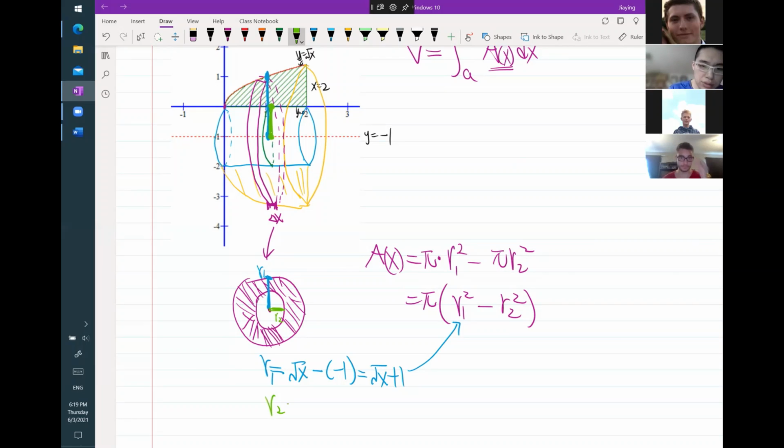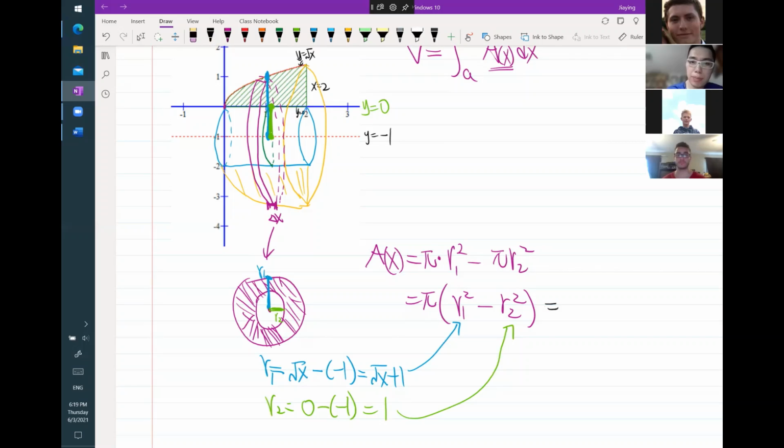So R2 is equal to, well, the x-axis has the function y equals 0, so it'll be just 0 minus -1, just 1. 1 unit is the radius of the inner circle. So this is R2.